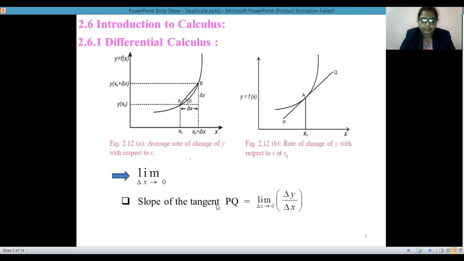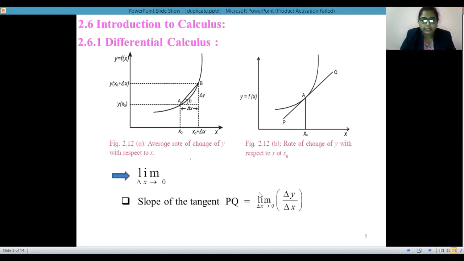In this limit, both delta x and delta y will go to 0. When two quantities tend to 0, their ratio need not go to 0. In fact, the slope of the tangent PQ becomes the limit of delta x tends to 0 of delta y by delta x.